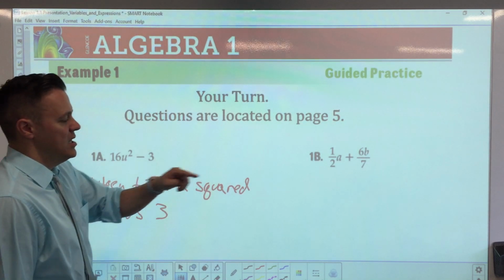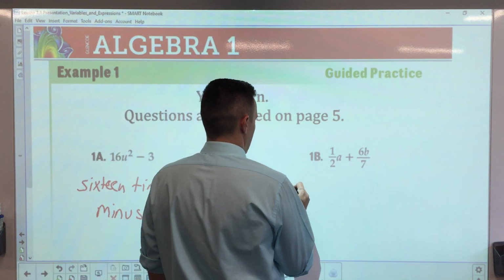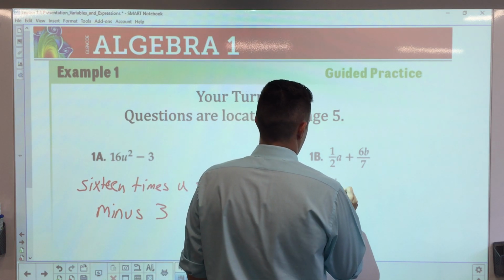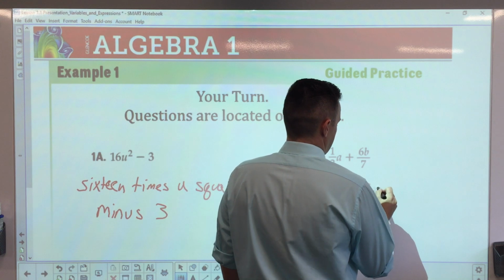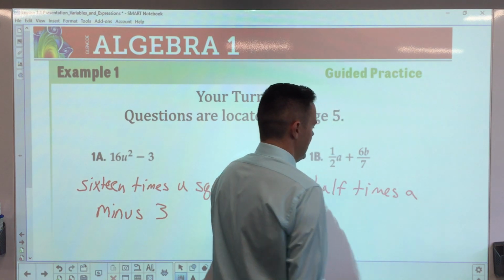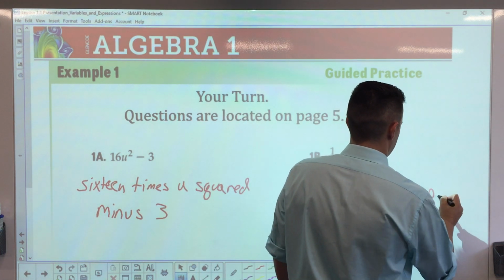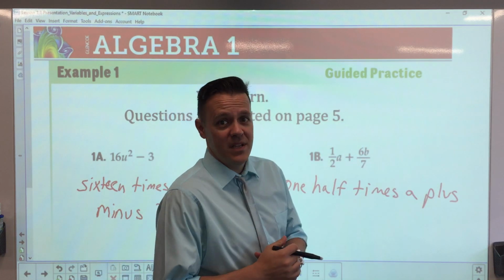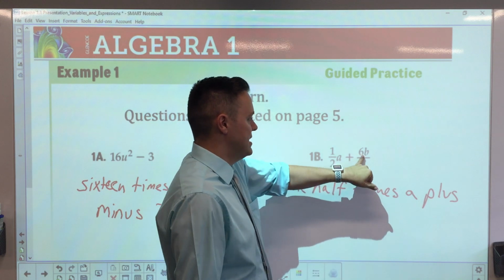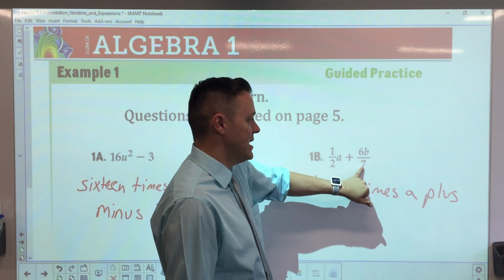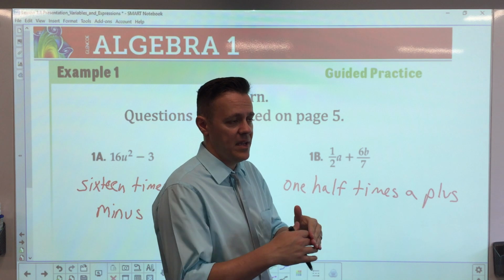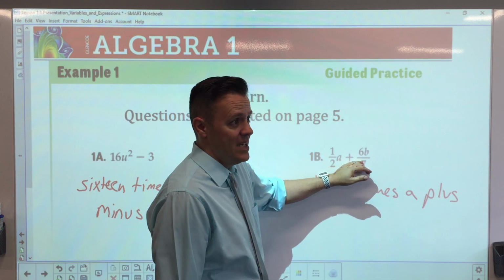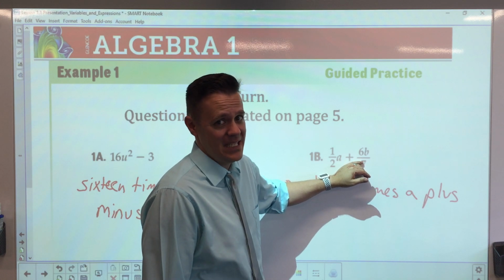There's two different ways. This one right here would be 1/2 times a, okay, plus two different ways to write this. Okay, it would be 6 times b divided by 7. Or it would be the quotient of 6 times b and 7.